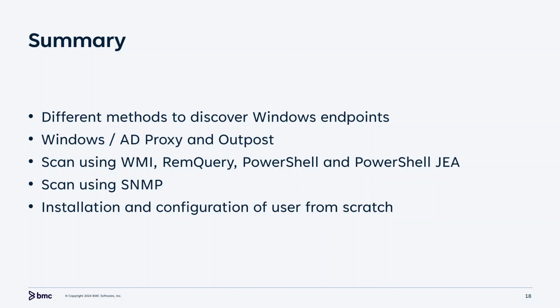We also performed a scan using SNMP and found why SNMP is not a reliable method and why it should not be used. The installation and configuration of the user from scratch, we did for WMI and JEA, because for REST you need to make sure that you have the administrator account configured to perform the scans.